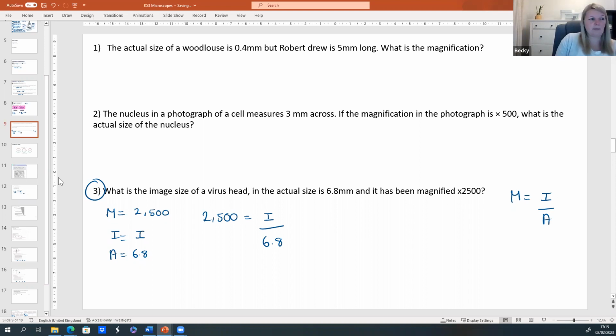And I want to get I on its own because that's what I want to calculate. So I'm going to take that 6.8 to the other side of the equal sign. So it becomes the inverse. So it's divide on this side, so it becomes times on this one. So what I've got now is 6.8 times 2,500. That gives me an image size of 17,000 millimeters.